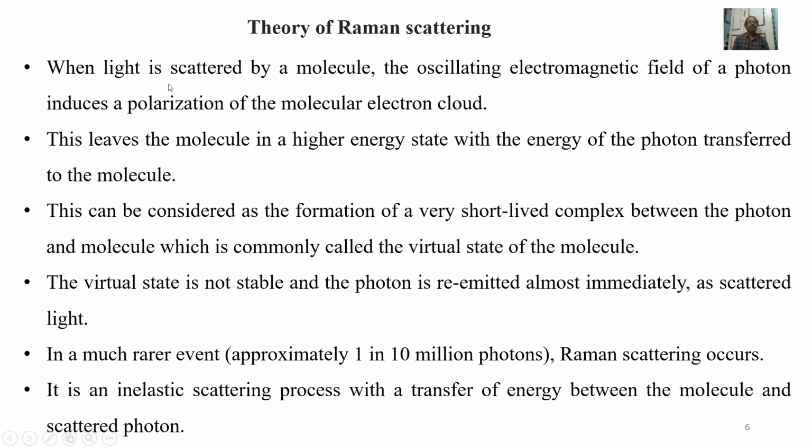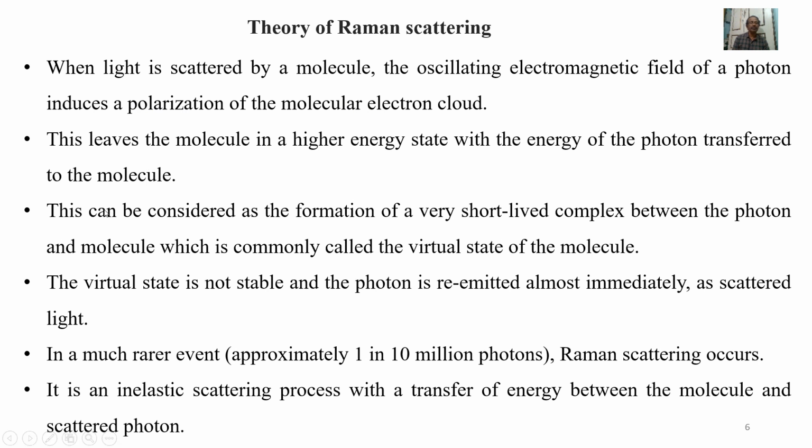When light is scattered by a molecule, the oscillating electromagnetic field of a photon induces a polarization of the molecular electron cloud. This leaves the molecule in a higher energy state with the energy of the photon transferred to the molecule.